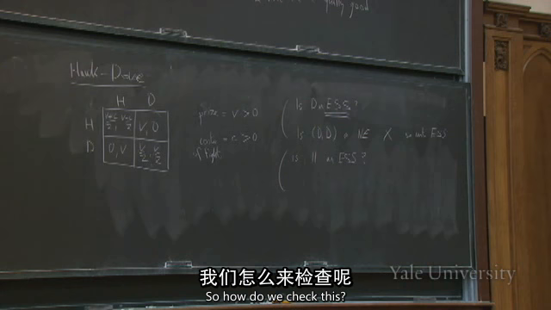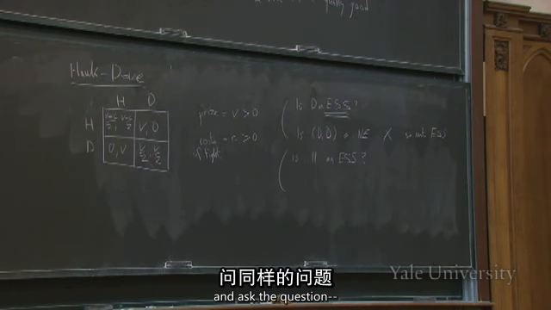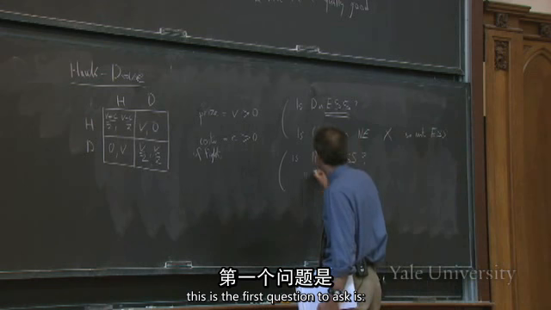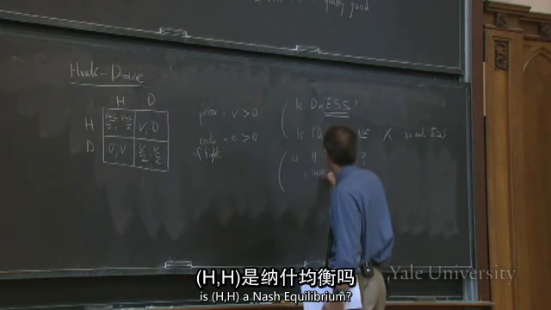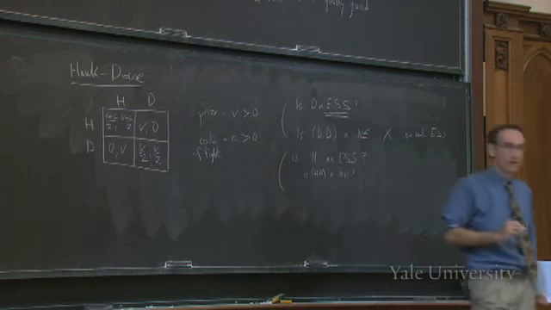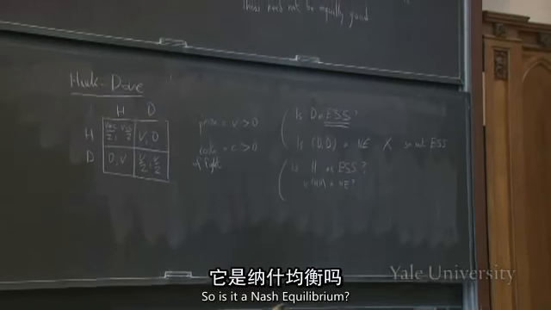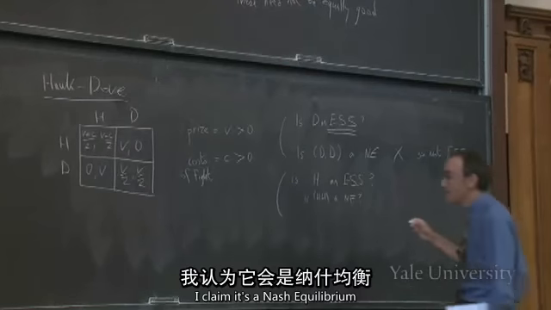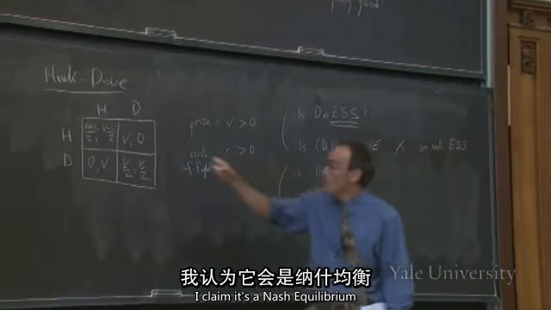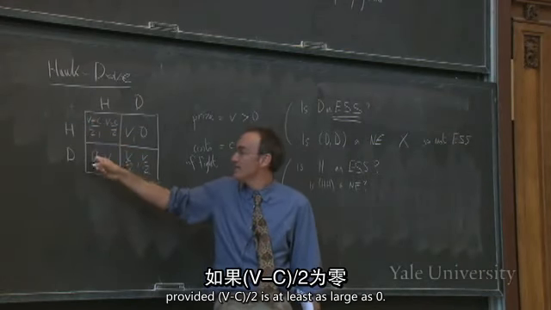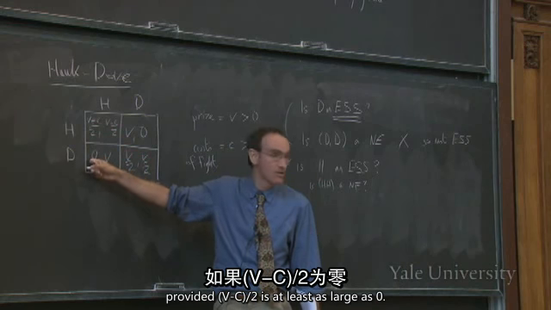So how do we check this? Well, we have to look at once again and ask the question. This is the first question to ask: is hawk-hawk a Nash equilibrium? All right. So is it a Nash equilibrium? Well, I claim it depends. I claim it's a Nash equilibrium provided V minus C over 2 is at least as large as 0.